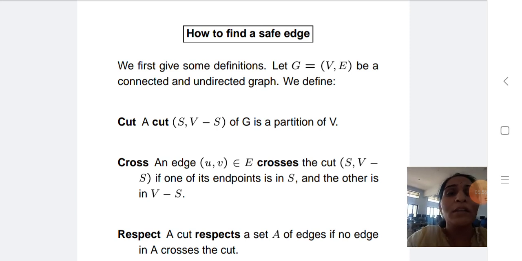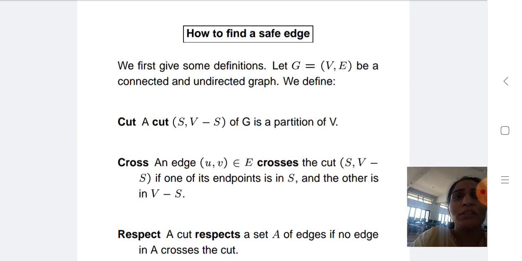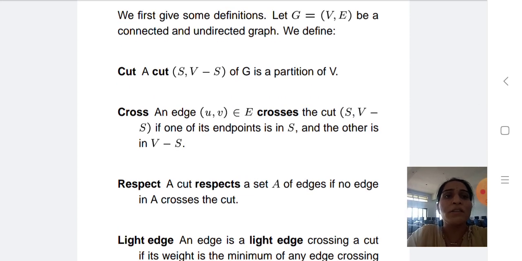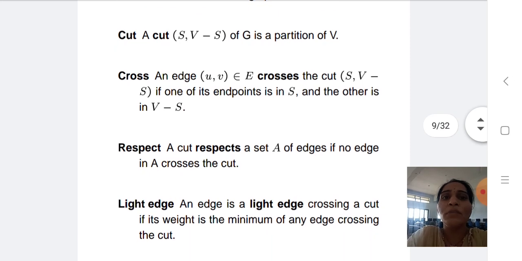We define a cut: a cut (S, V minus S) of G is a partition of V. Crosses means an edge (u, v) belonging to E crosses the cut (S, V minus S) if one of its endpoints is in S and the other is in V minus S. Then the third definition, respect: a cut respects a set A of edges if no edge in A crosses the cut. The next definition is of a light edge.